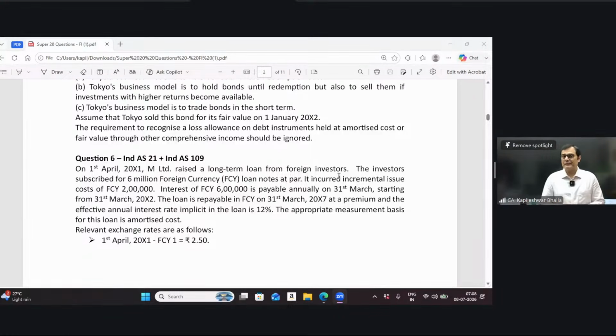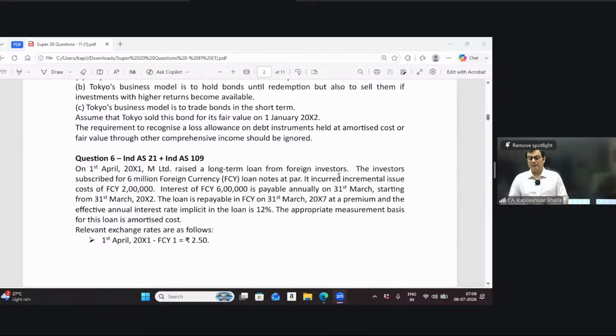It's a mirror image in terms of financial asset. So it says M raised a long-term loan from foreign investor. The investor subscribed for 6 million foreign currency loan notes at par. It incurred incremental issue cost of 2 lakh. Interest, it says, is 6 lakh and is payable on 31st March starting from March X2.